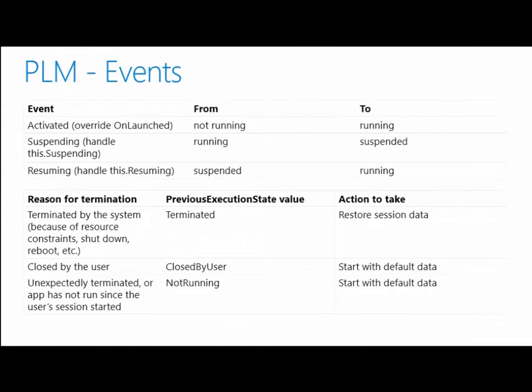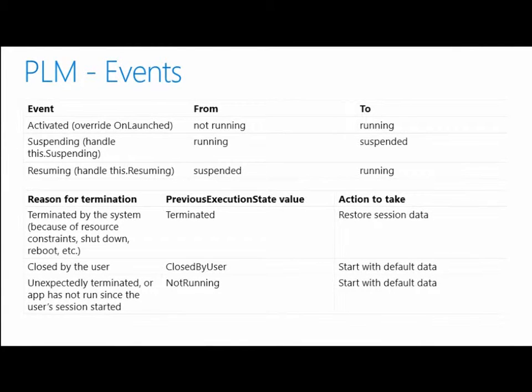So let's have a look at what events you can work with. When your application is activated, the onLaunched method is executed. You can override that one. That's in app.xaml.cs. When you go from not running to running state, that's where you end up. When your application is suspended, you go from running state to suspended state, and then you end up in the suspending handler.